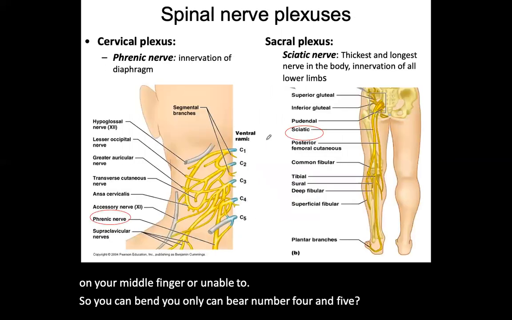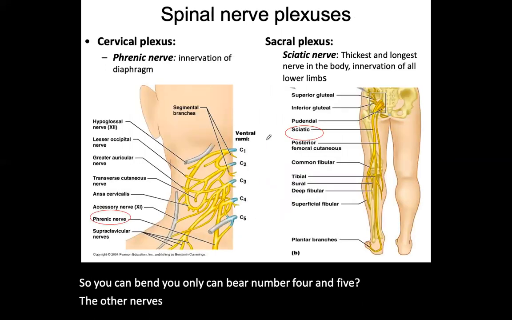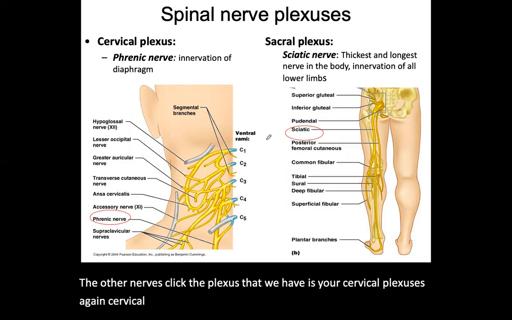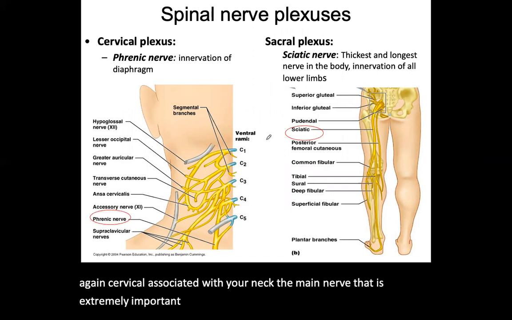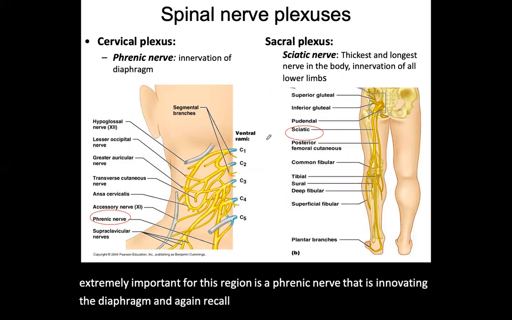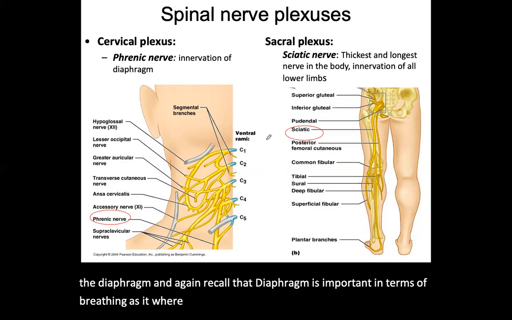The other nerve plexus that we have is your cervical plexus. Again, cervical is associated with your neck. The main nerve that is extremely important for this region is the phrenic nerve, which innervates the diaphragm. And again, recall that the diaphragm is important for breathing, as it's where your lungs are connected for expansion of your lung during inhalation.